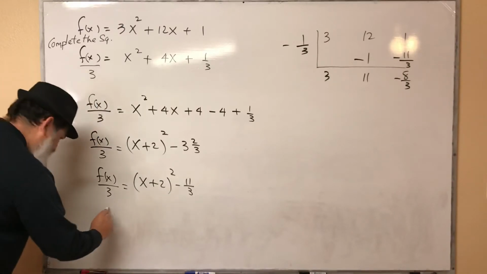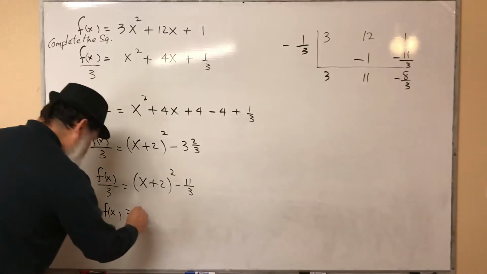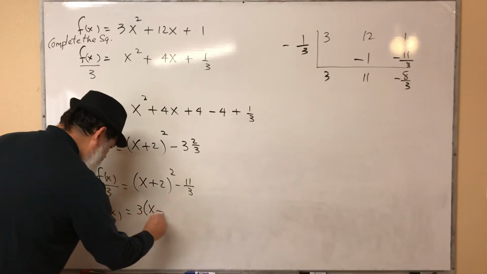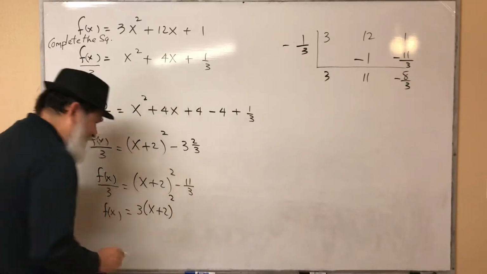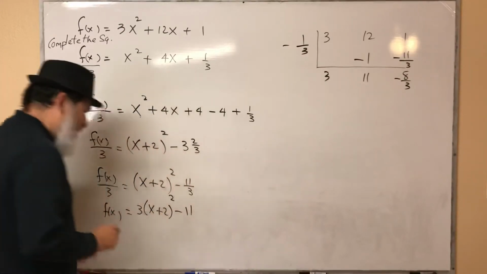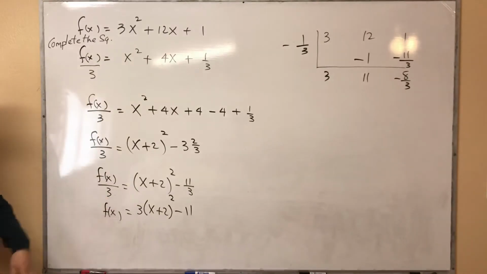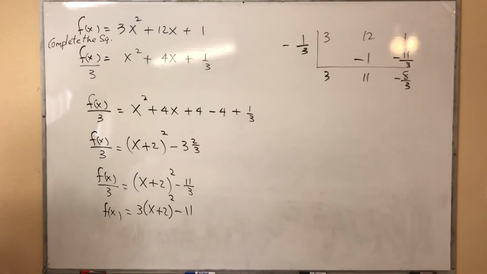We get f of x. Multiply this by 3 also. The 3's cancel. There we have it. Can we graph that? Yes. That's a parabola.